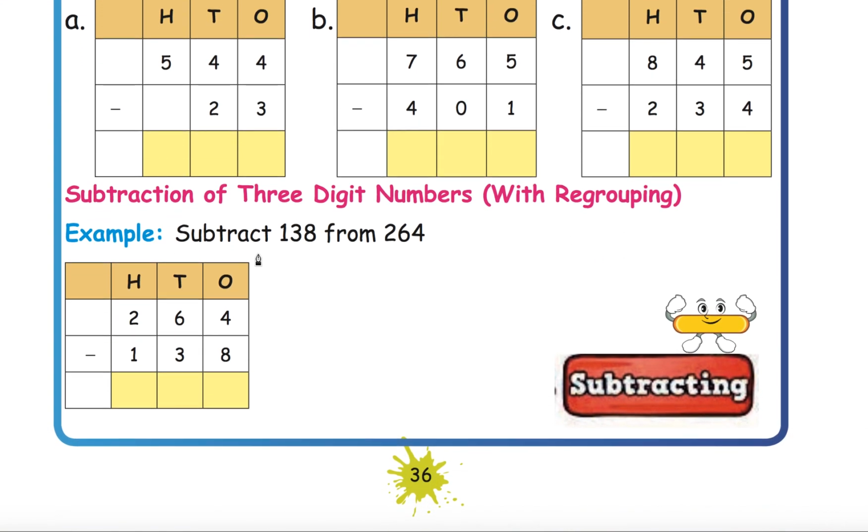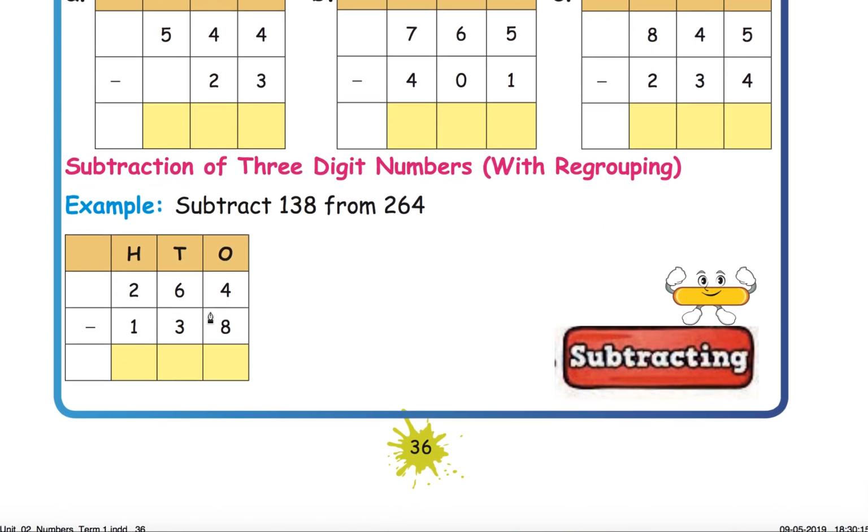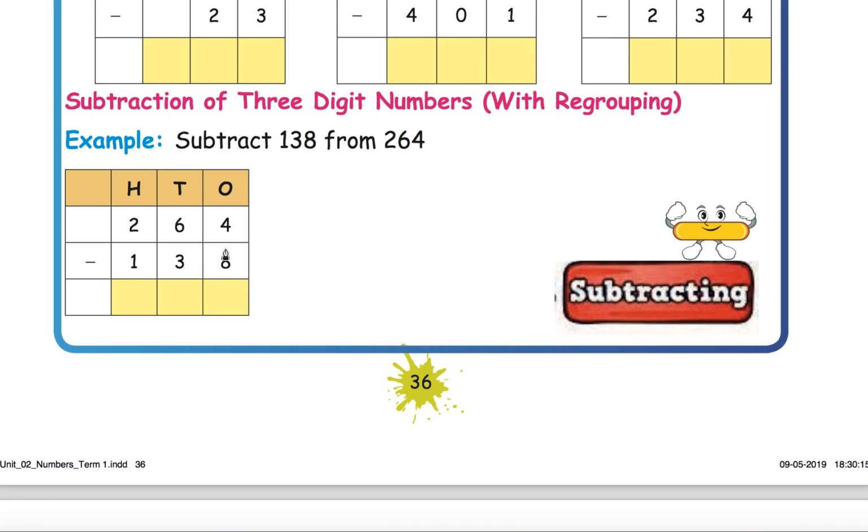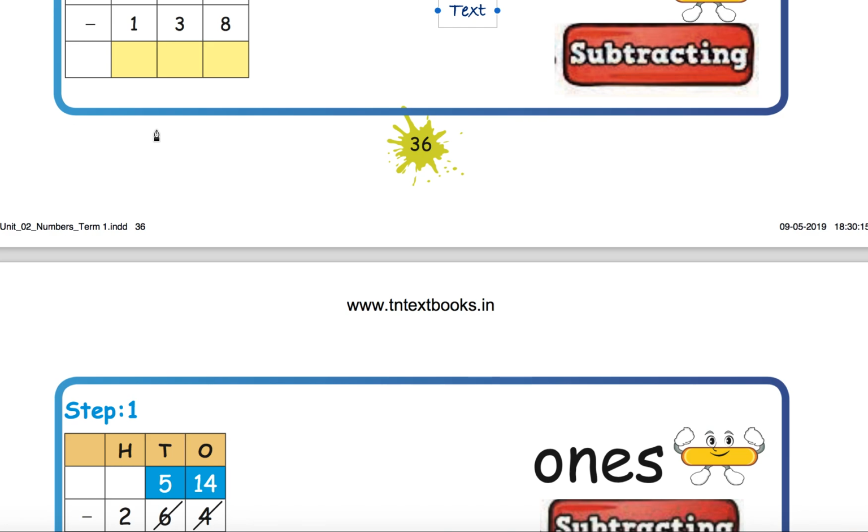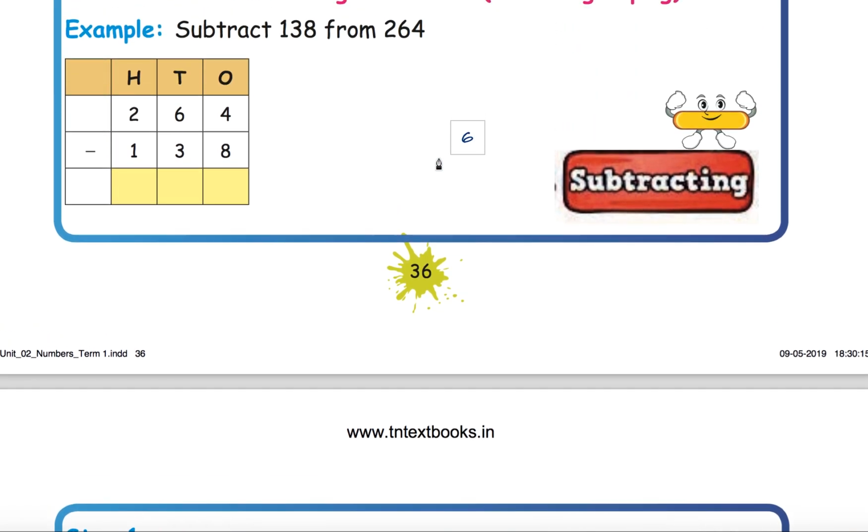Subtract 138 from 264. It is a little bit tricky. Since 8 is higher than 4, you need to take 10 from here. 14 minus 8, how much? 6, right? You have to place 6 here.